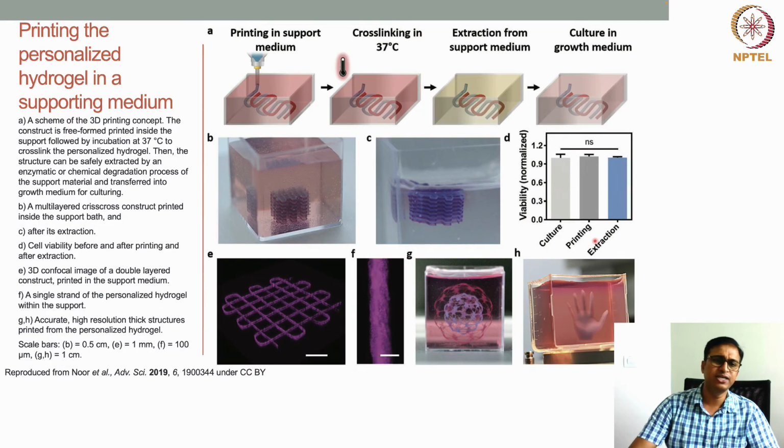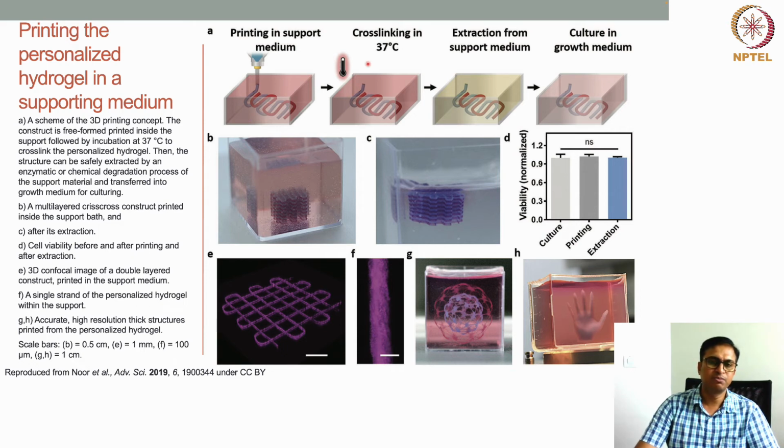They have also implemented another strategy with a hydrogel supporting bath. By this supporting bath concept, we have seen 3D printing in a support bath, which we discussed in our earlier classes. Here they printed the sacrificial material and the blood vessel material both in the support medium, and as this material is a thermoresponsive hydrogel, they printed at very low temperature in the support bath.